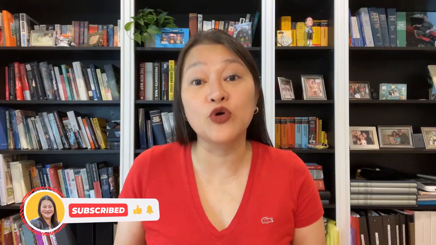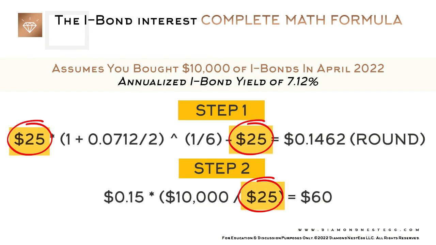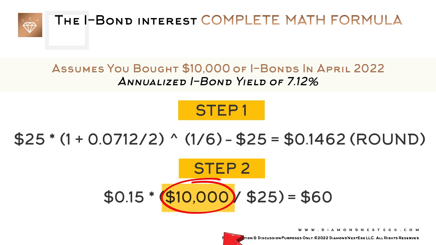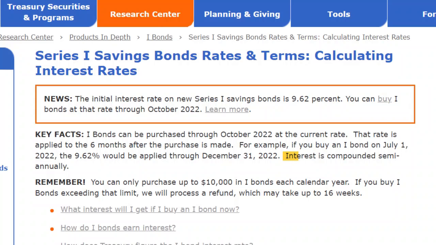When you apply this formula in the second 6-month holding period, make sure that you add the interest earned in the first 6-month holding period to this initial base unit, as well as your initial I-bond investment of $10,000. Otherwise, your numbers will be off. And I think that's what Treasury Direct means when they say interest is compounded semi-annually.